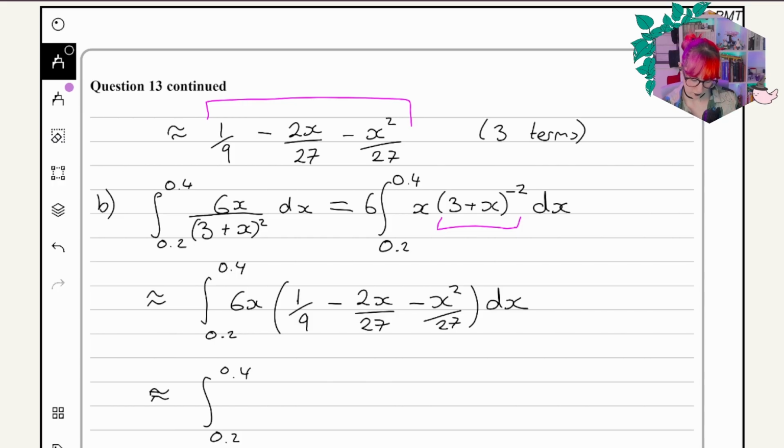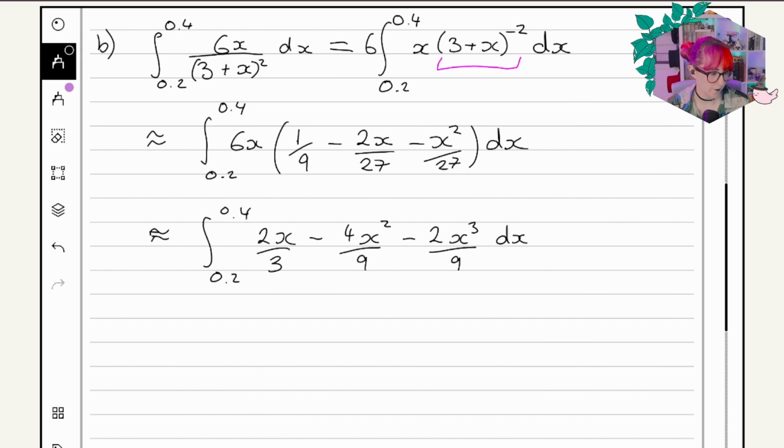Okay, can we simplify this at all? 6 over 9 is 2/3, minus, okay, we now have an x term, 12 divided by 27 is 4/9 x, minus, and we now have an x squared because we've got this x at the front. 6 over 27, which is 2/9, dx. Okay, and now that's quite chill to integrate.